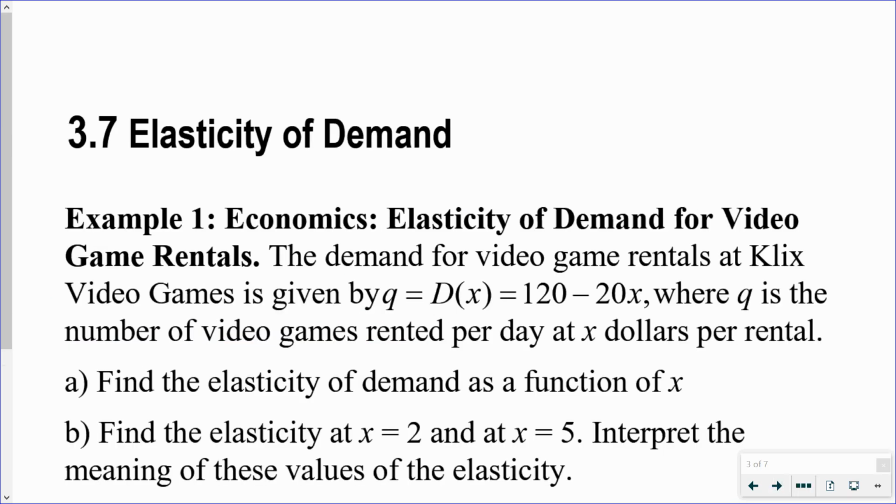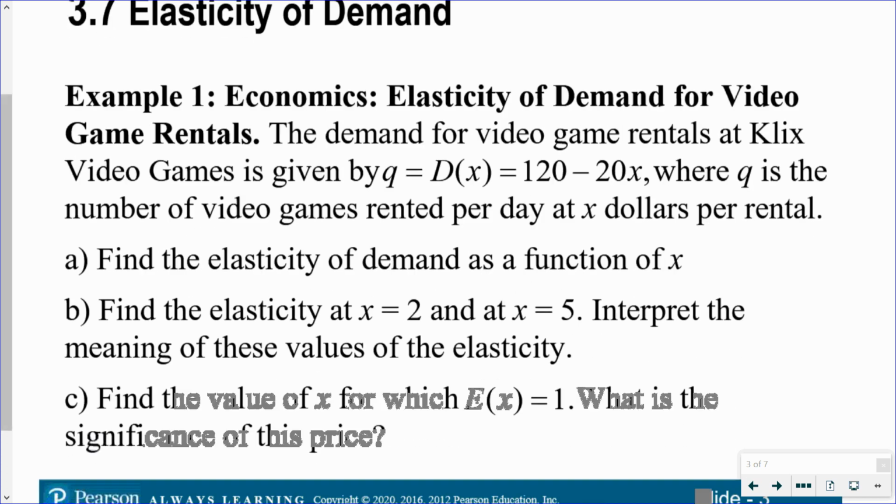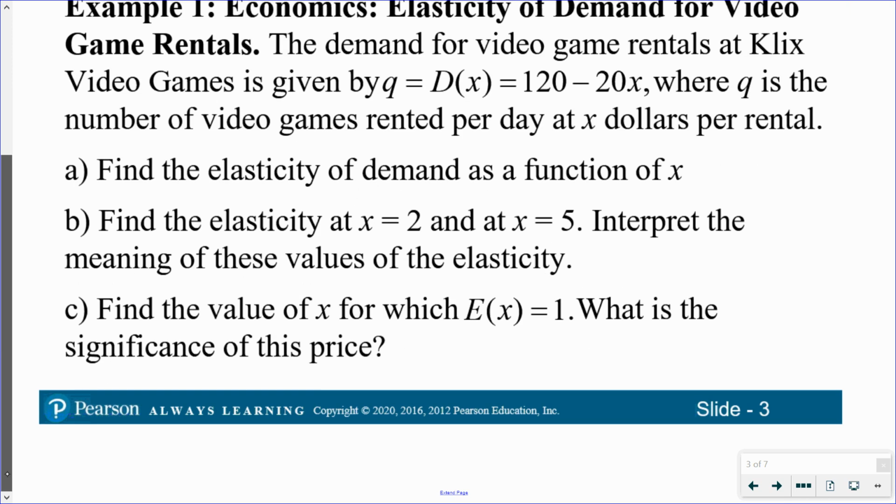So here is our first example. We have elasticity of demand for video game rentals. These days, we would not rent physical video games probably, but they're still doing that here. So the first thing we want to do is find the elasticity of demand for this function.